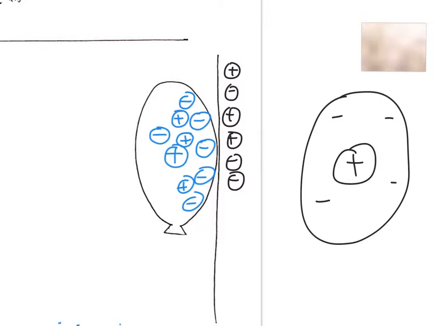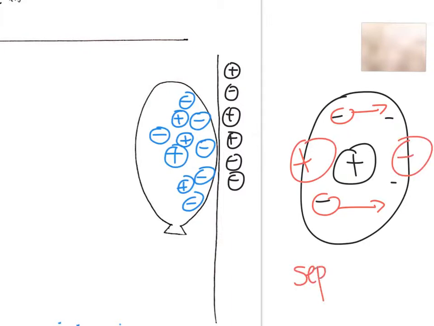But you can have a separation of charge where the negatives move to one side of an atom. So the atom in general has a positive end and a negative end. We call this separation of charge.